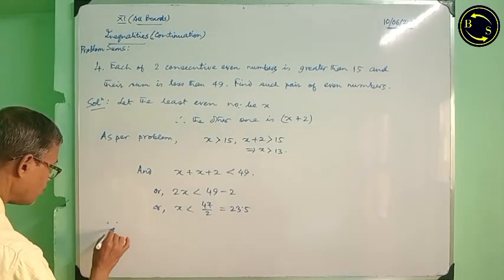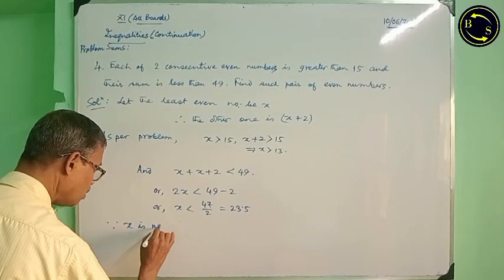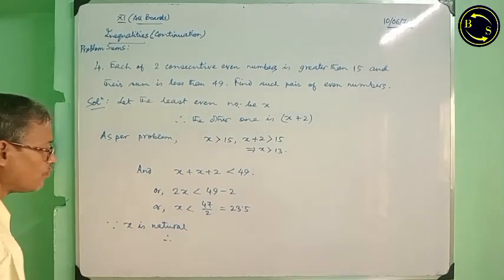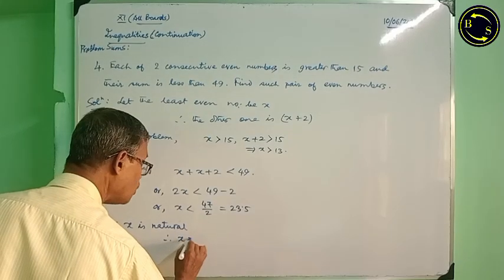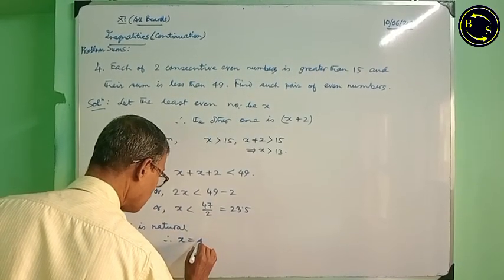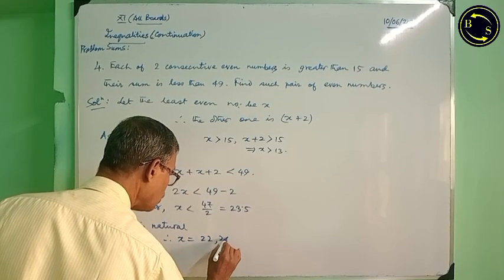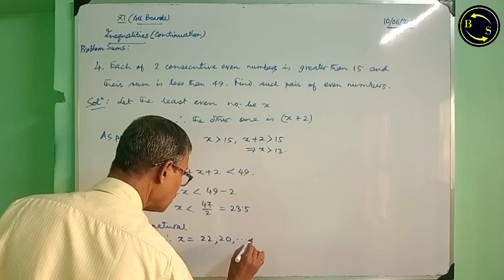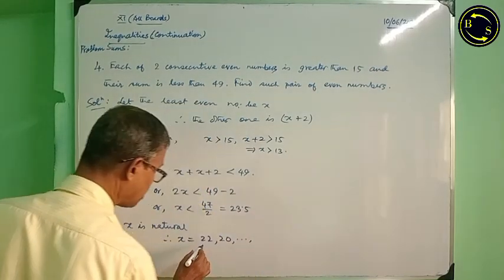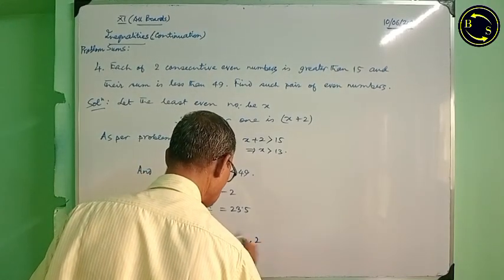Since x is natural and even, therefore x will be less than 22, 20, that is why I have taken 22, 20, least one will be 2.